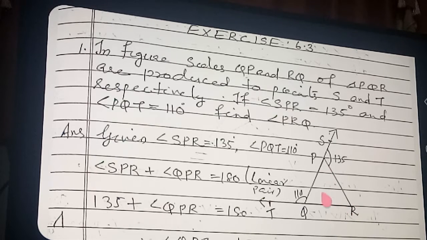Here QP and QR of triangle PQR are produced to points S and T. QR is extended to point T, and QP is extended to point S. Here angle SPR is given as 135 and angle PQT is given as 110. You want to find angle PRQ.